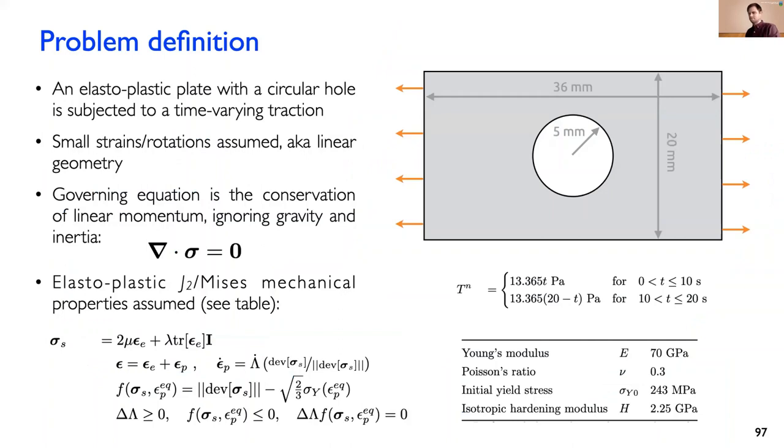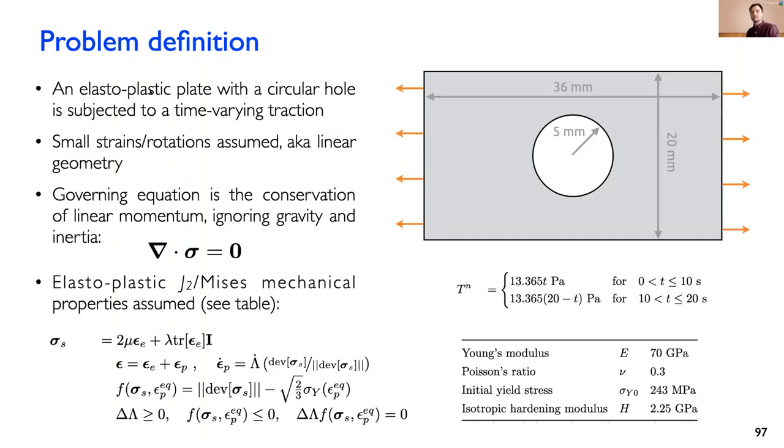So this is a pretty chock-a-block slide, but this is basically the problem definition. We have a 2D plate which has a hole in it. In solid mechanics, plates with holes often come up as benchmark or classical test cases because they're simple, but interesting. The difference from the classical problem is that we have an elastoplastic material.